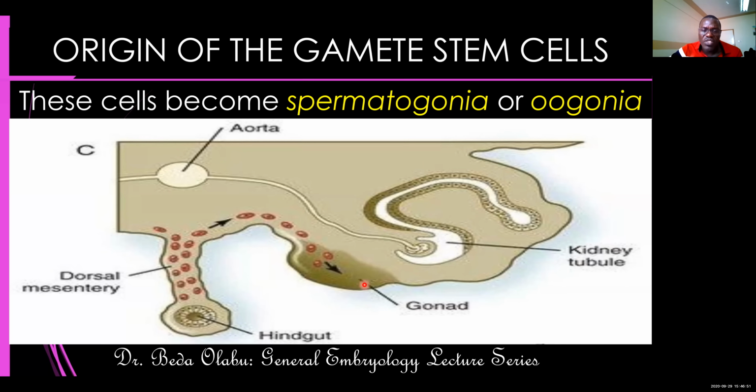If the gonad that is forming is the testis, then those stem cells will be called spermatogonia. If these stem cells are invading a developing ovary, then those stem cells will become the oogonia. So this is how step 1 is experienced.